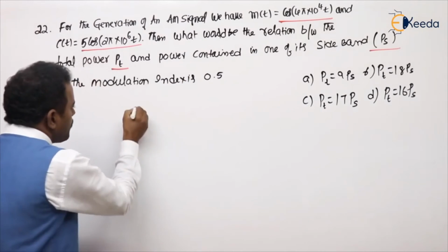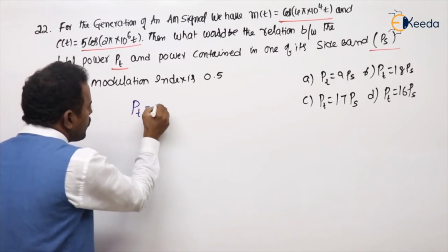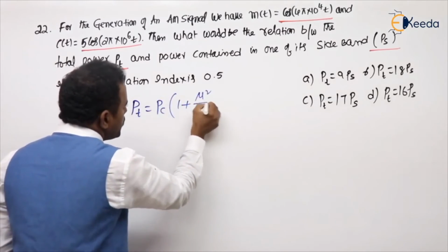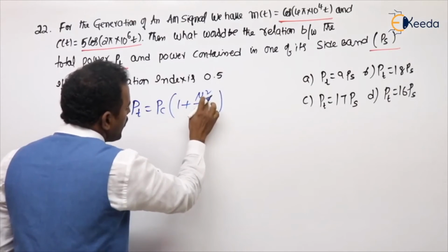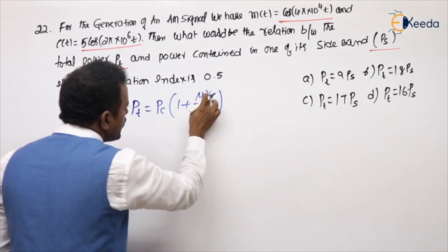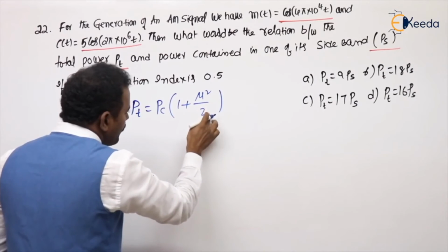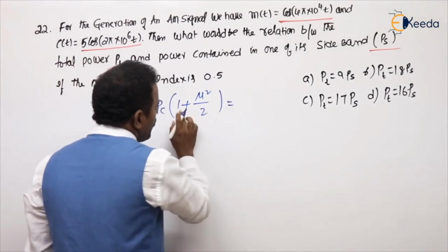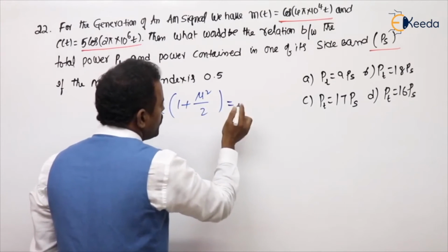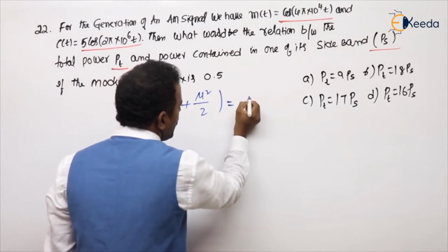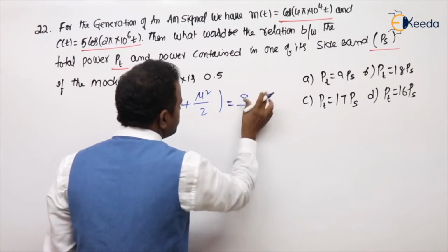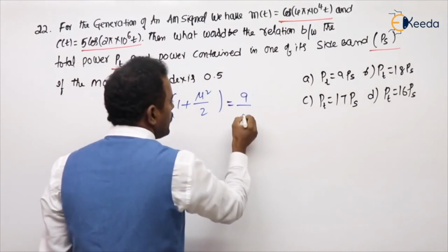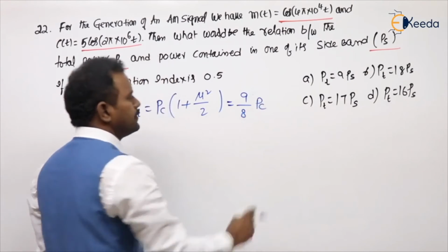What is the total power formula? We have PT equal to PC into 1 plus mu square by 2. Mu value given is 0.5. 0.5 square is 0.25, divided by 2, 0.125. 0.125 plus 1 is 1.125. 1.125 we can write as 9 by 8 PC.